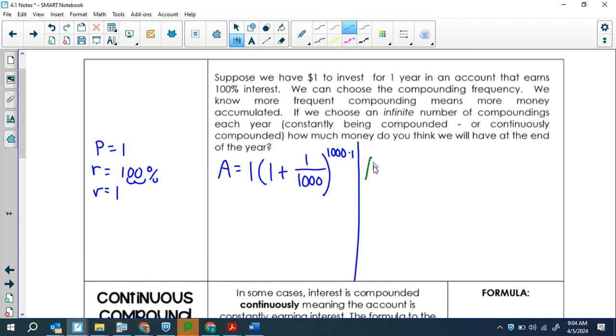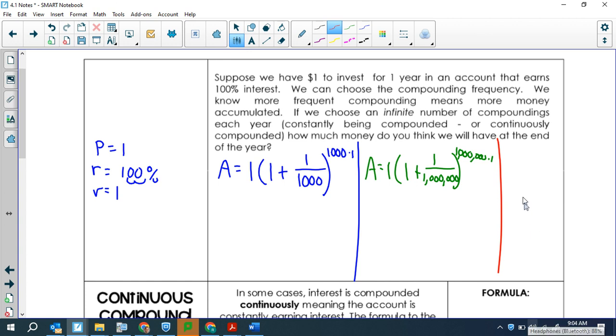What happens if we compound it 1,000,000 times? We'll do 100,000 first. And then what happens if we do it 1,000,000,000 times in 1 year?